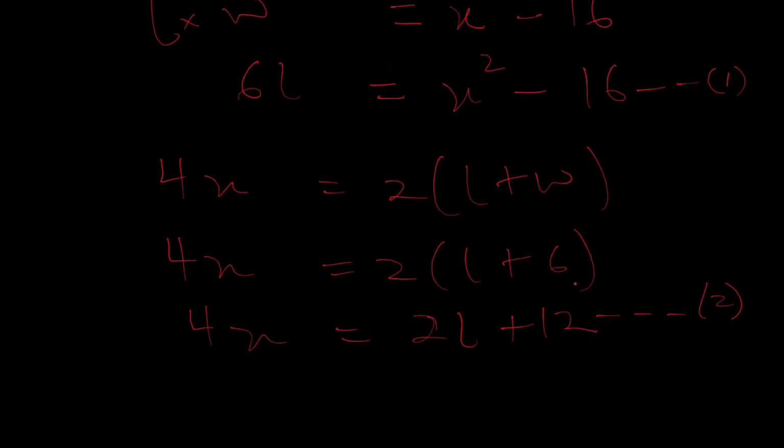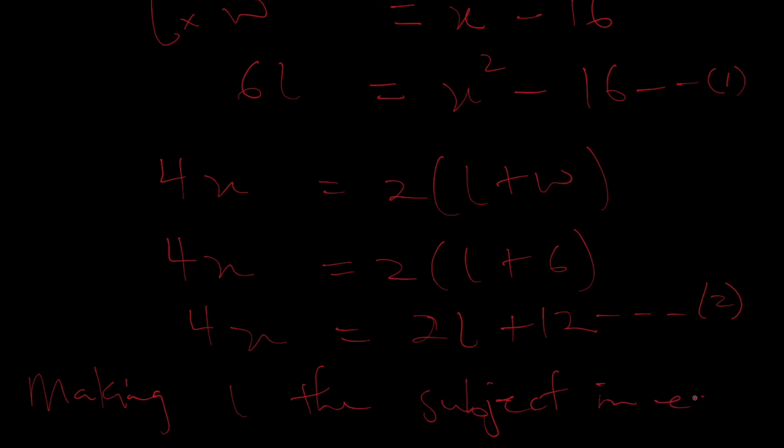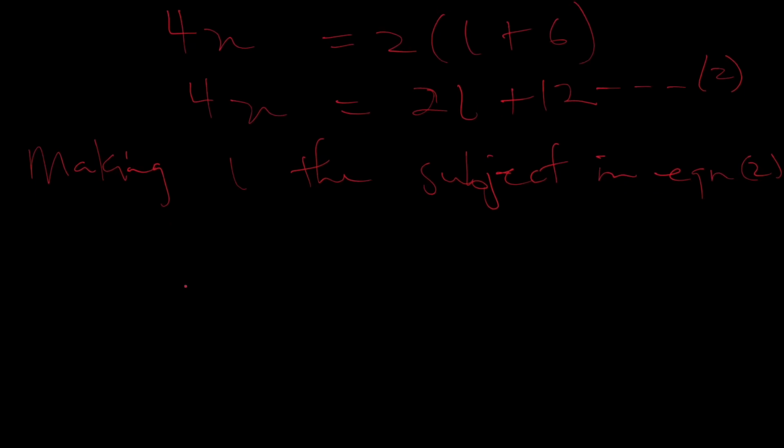So now we have two simultaneous equations. So let's say we are making L the subject in equation 2. So 4x is equal to 2L plus 12.